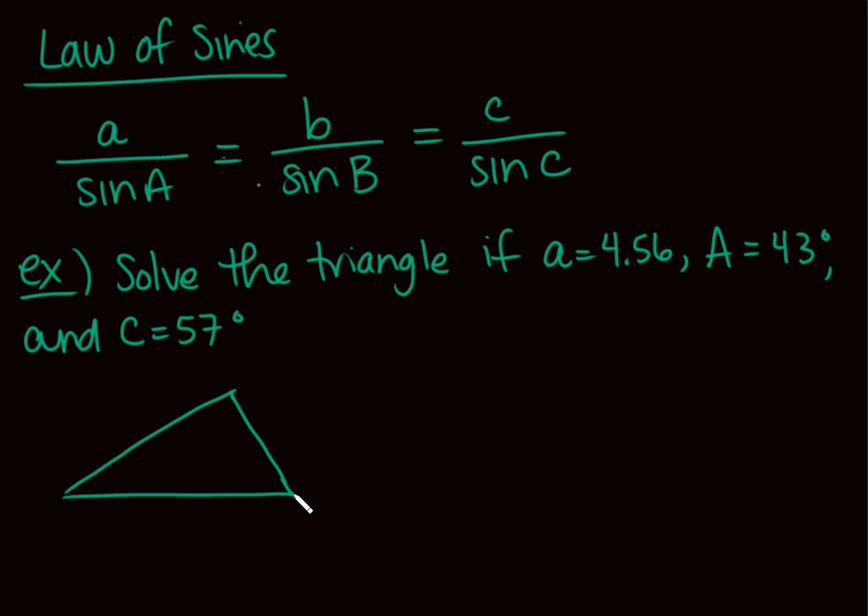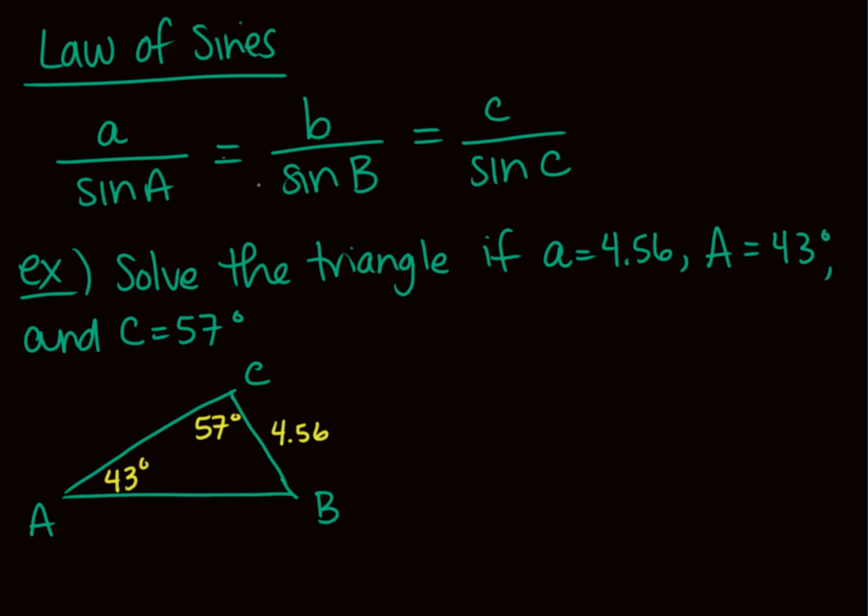I try not to make it a right triangle because I don't want to mess myself up here. So what do I know here? I know that the side opposite A, little a, is 4.56. I know that big A, the angle, is 43 degrees. And I know that C is 57 degrees. In order to use the law of sines, you need to have an angle on its opposite side. So I definitely have an angle on its opposite side.